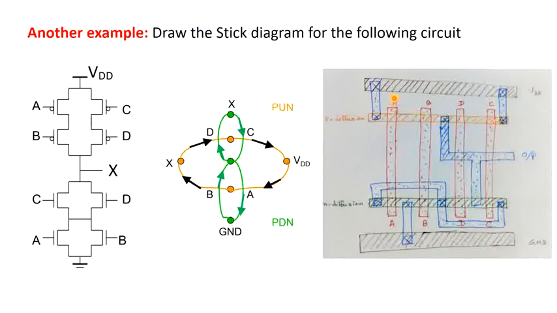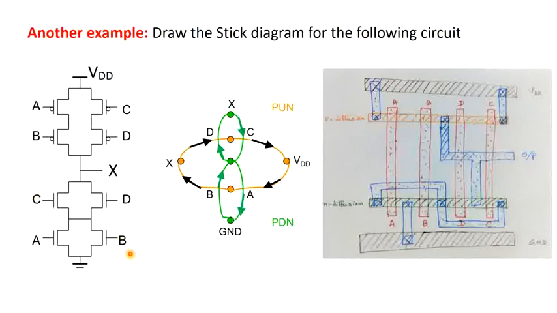These are the polysilicon lines, four of them, for gates A, B, D and C. These are the metal connections, this is the output, and these are the internal connections. I request you, as we have discussed in the last slide, please check all the connections shown in this stick diagram with respect to this circuit.